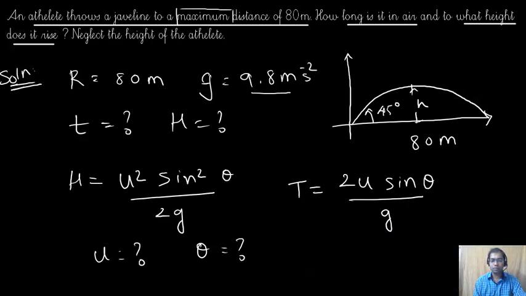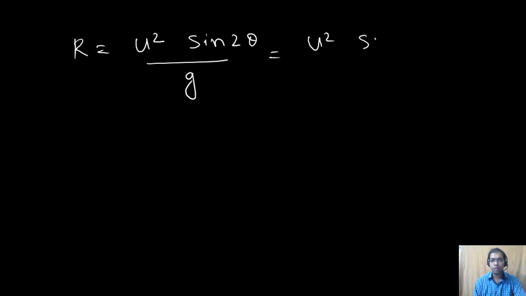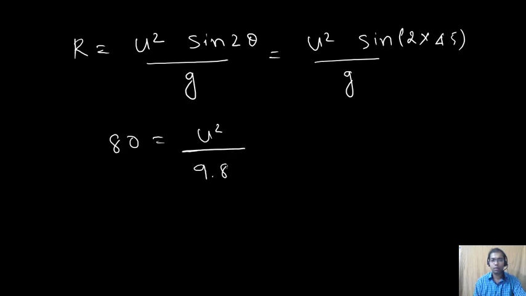So we can use the range expression, that is r is equal to u square sine 2 theta by g, which is u square sine 2 into 45 by g. Now if you see, r is given as 80, so it is u square by 9.8 into sine 90, and sine 90 is equal to 1.